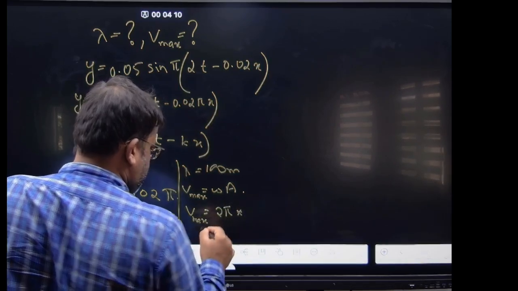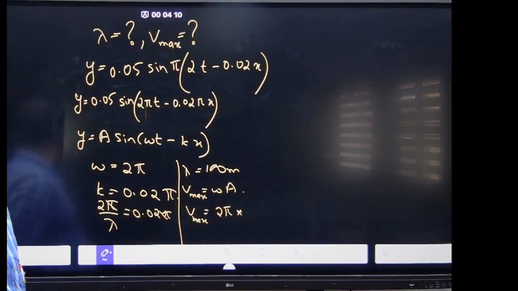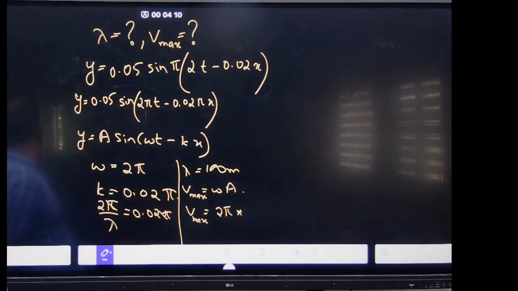into, is it maximum velocity or maximum acceleration? Read the question again, Buddha, loudly.